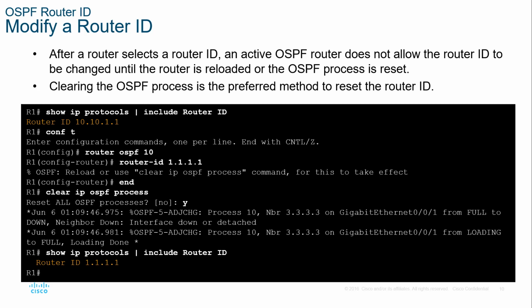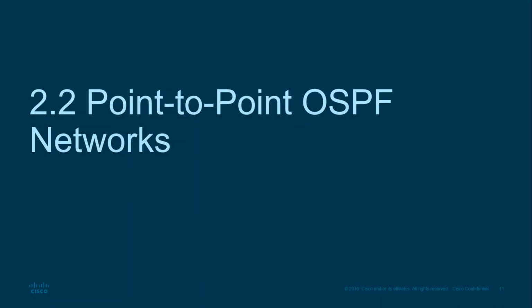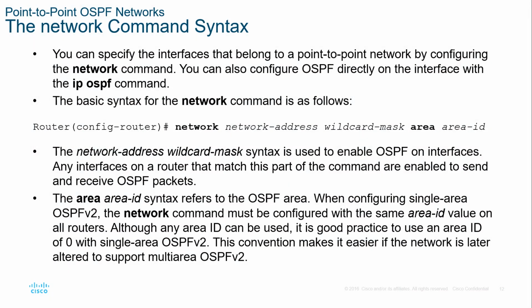So moving on, let's talk about how to configure OSPF in a point-to-point network. Again, router OSPF, give it a process ID. That gets us to our config-router. Then we need to issue network commands. It will be network, the network ID, the wildcard mask or the inverse of the subnet, the area, and then the area ID.